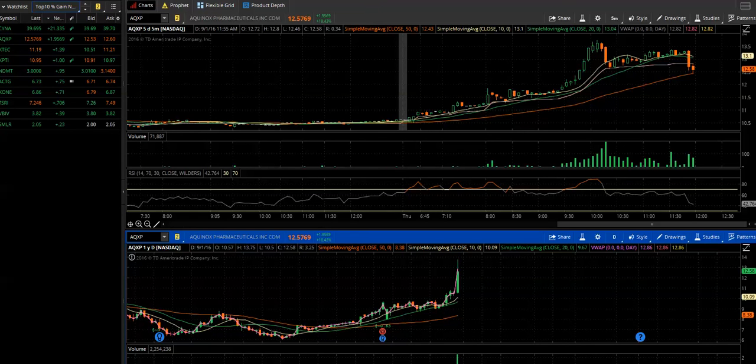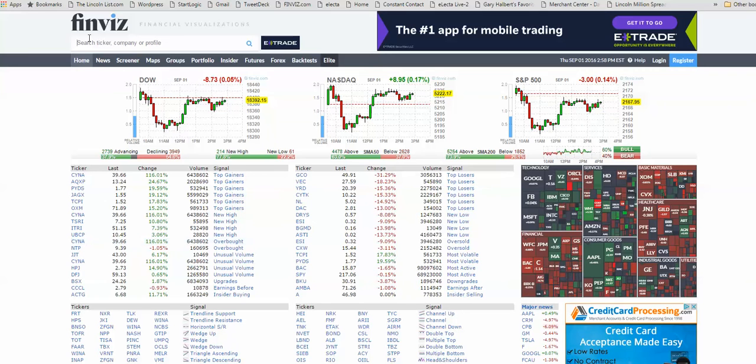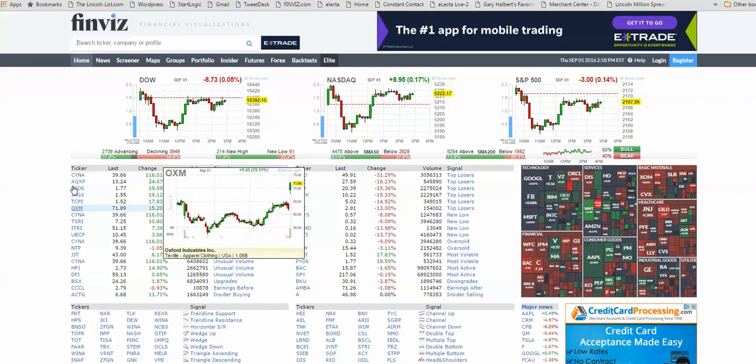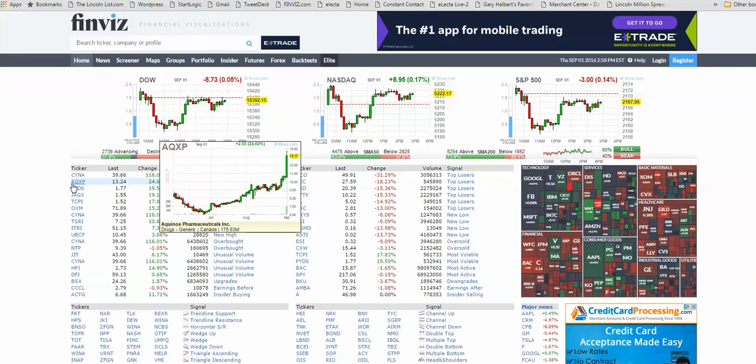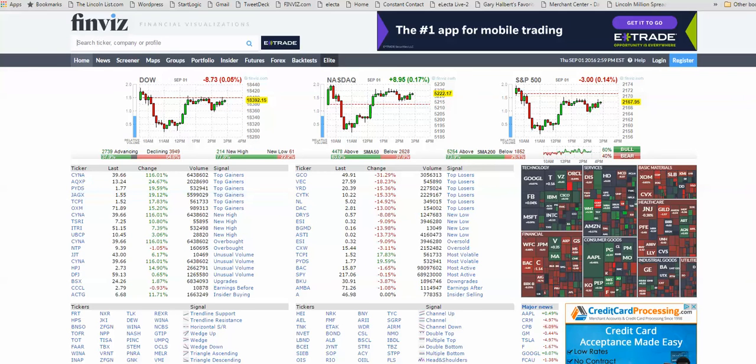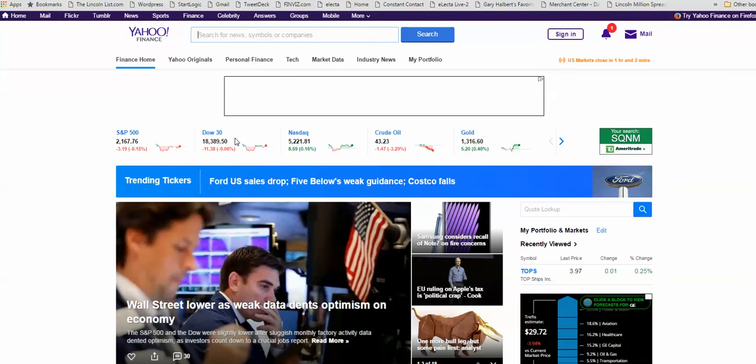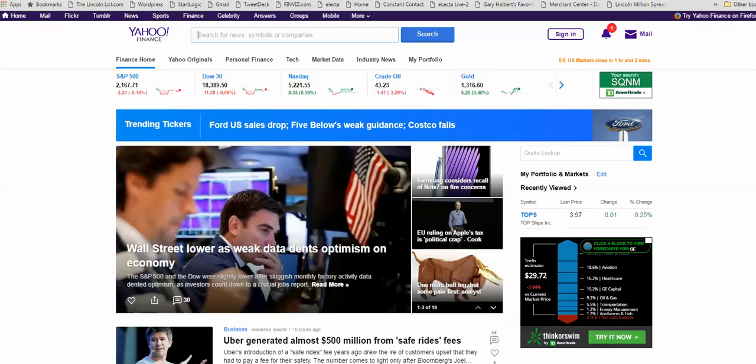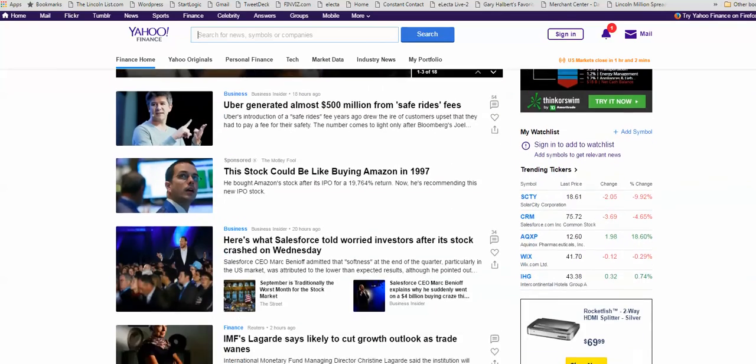Now, if you don't use Thinkorswim, you can find these stocks through a couple of different free websites. One happens to be FinViz right here, FINVIZ.com. You'll see they have a listing of all these as well. There's AQXP again, that's on the list, as well as a couple other names. And Yahoo Finance will also have a list of these. Now, you don't want to just sit here and read all these news stories on Yahoo Finance.